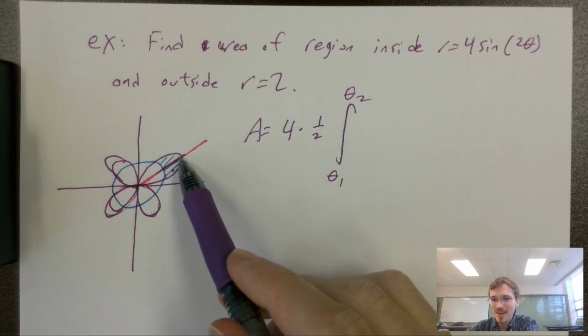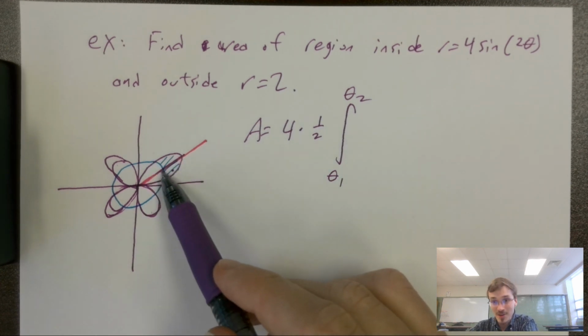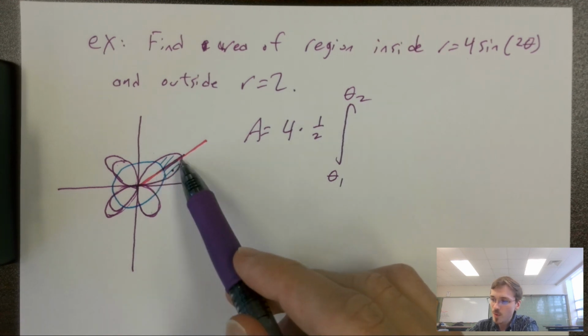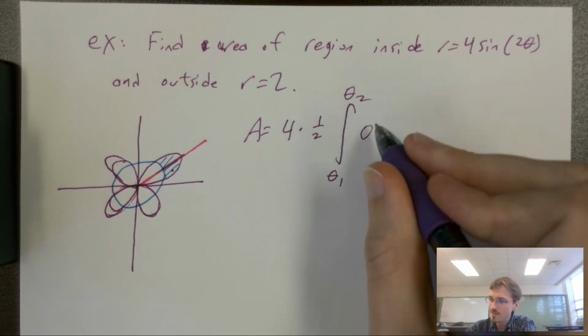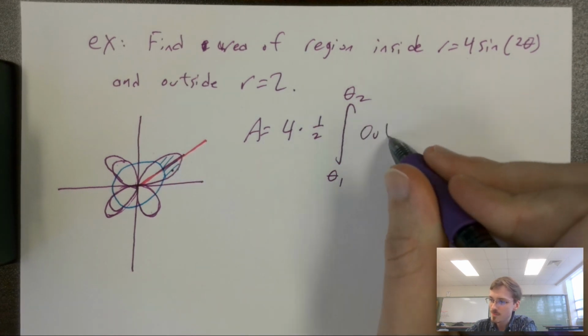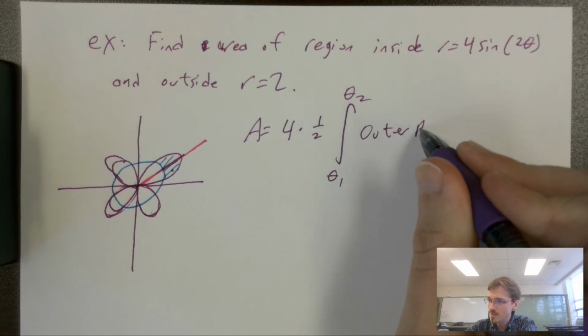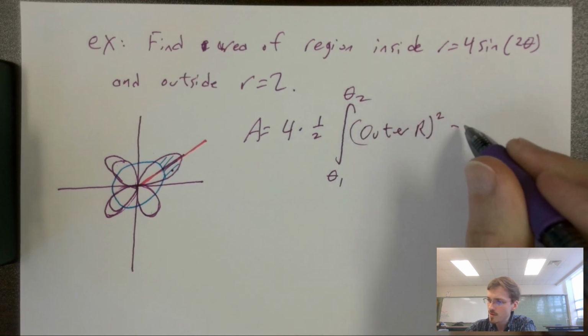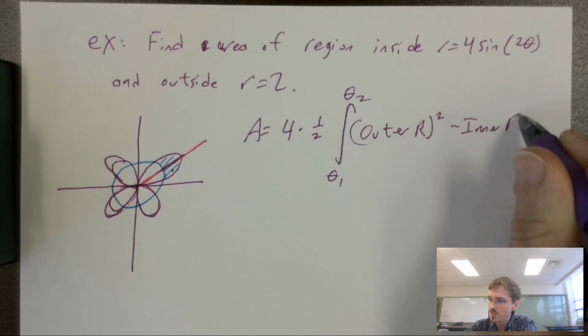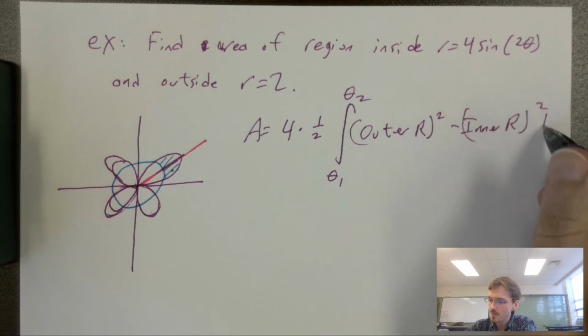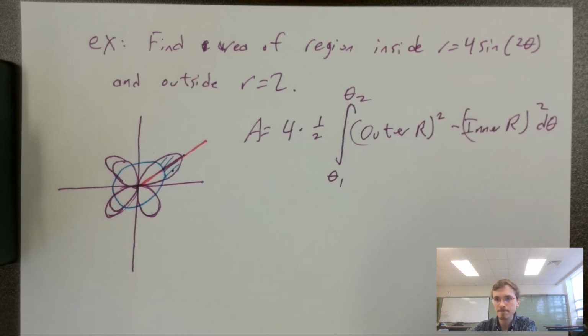Here we subtract outer area minus inner area. So what is the outer radius? Symbolically, it's going to be the outer radius squared minus the inner radius squared, and we're going to integrate that d theta, right?